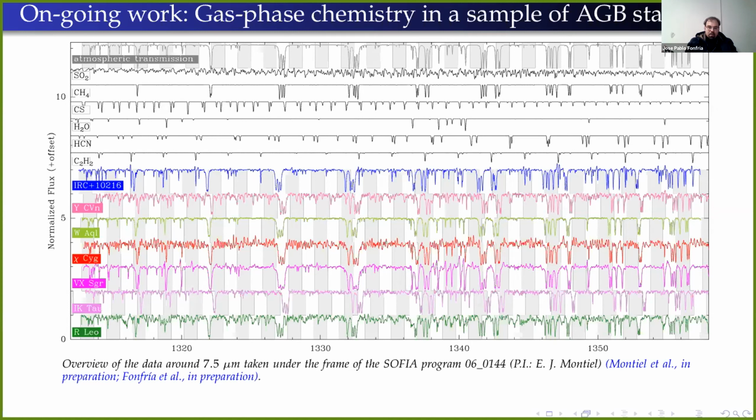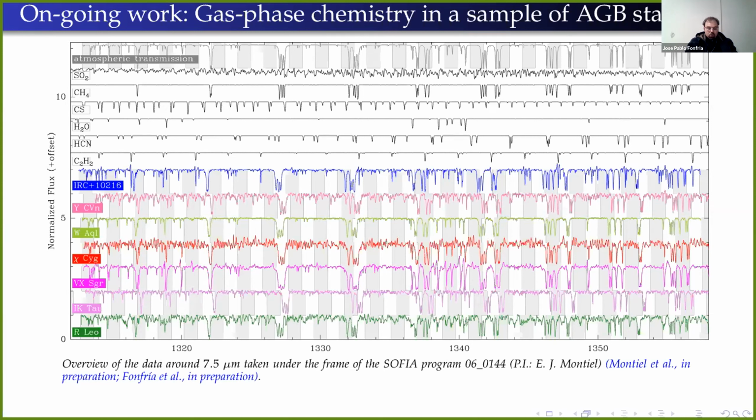However, you can also find this same pattern in the spectrum of IK Tau, that is here, but weaker. But it is not possible to find the SO2 line pattern in the spectrum of BX Sagittae, that is here. Maybe it's there, but it's much weaker, so it's not noticeable at first glance.